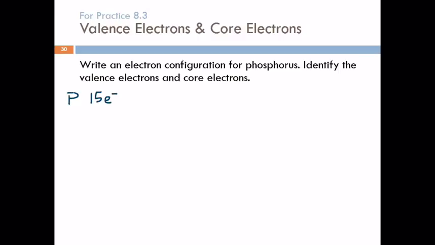So how do we write an electron configuration? No dots involved. Numbers and letters. 1s, and that 1s can hold how many? 2. And then next is 2s, and that can hold 2. And what's after that? 2p. The p can hold 6. So we're up to 10 electrons now.